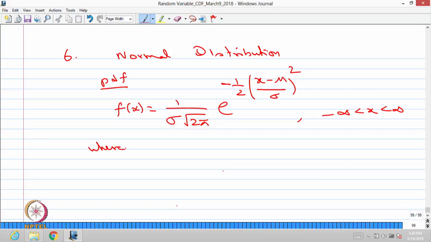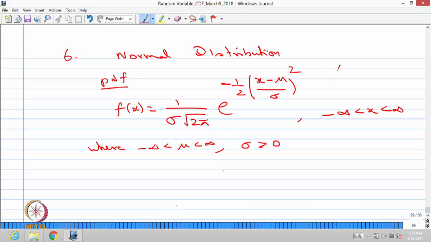Therefore, one can define the range of mu, where mu lies between minus infinity and infinity, and sigma is a positive real number. Once we know the values of mu and sigma, we know the normal distribution. Therefore, mu and sigma are called parameters. In notation we write X follows capital N, mu comma sigma square.